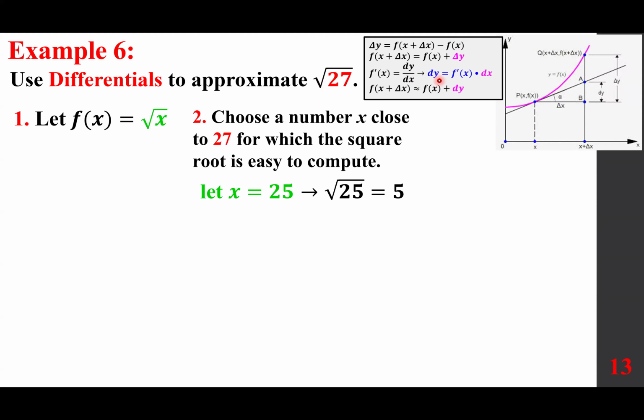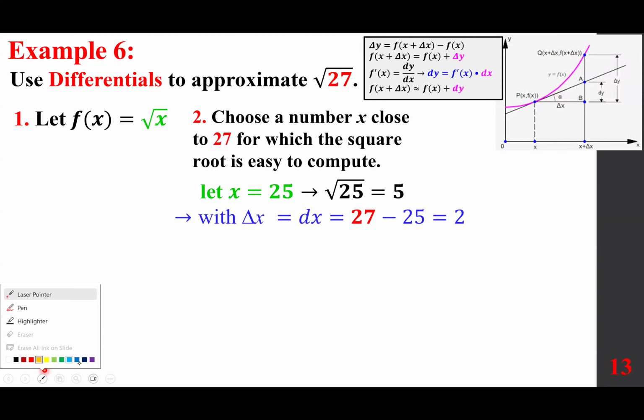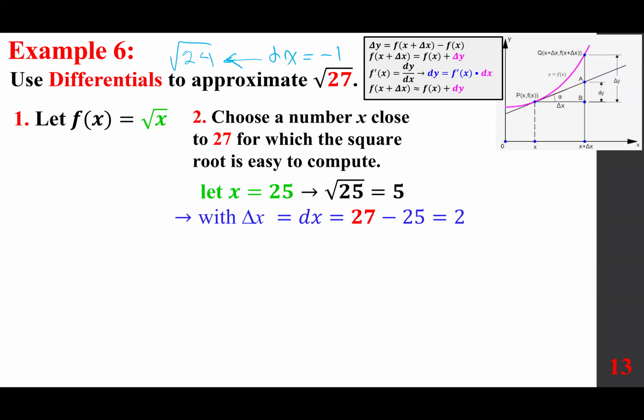So having said that, from 25 to 27, we go up by 2, that is delta x or dx. In other words, 27 minus 25 equals 2. Again, just for the sake of argument, if the question was asking for square root of 24, in this case, dx or delta x is negative 1 because from 25 to 27 plus 2, from 25 to 24 minus 1.